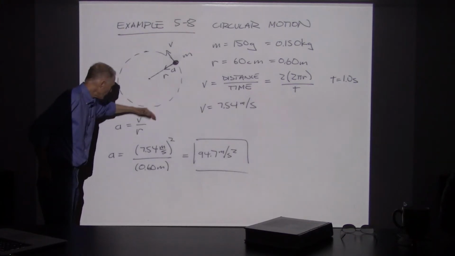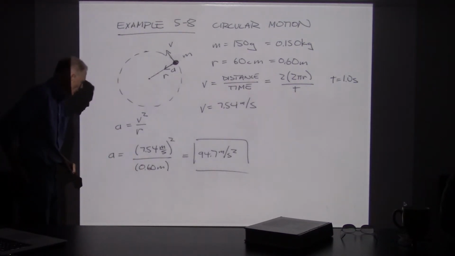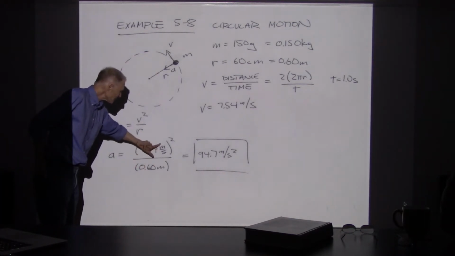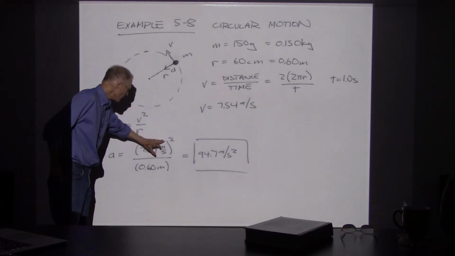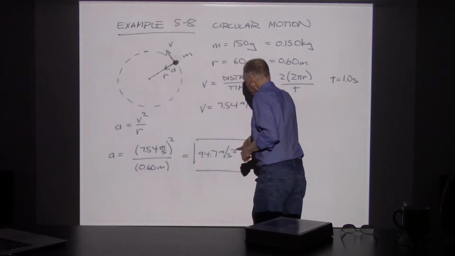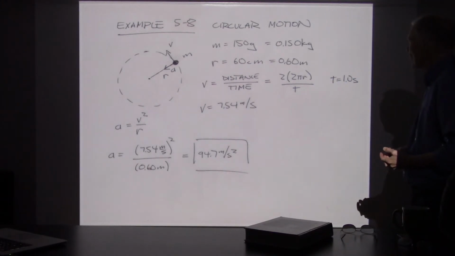I've got to square that one. The radius is given as 0.60 meters, so I don't square that one. One of the meters cancels, but I have an extra meter plus 2 factors of seconds. That is going to give me acceleration units. The units work out. They have to, and they do.